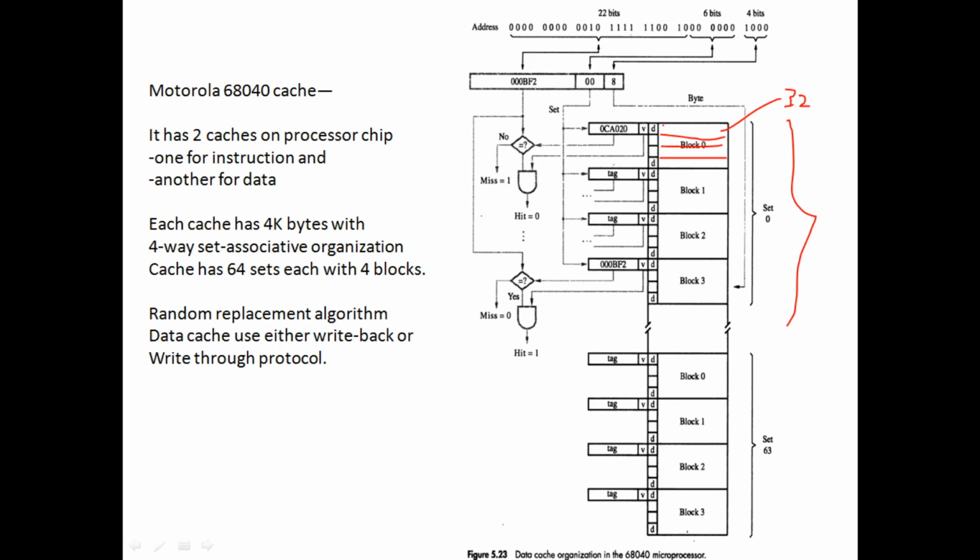And they can also be accessed directly. Block 1 and 3 and 4, all are accessible directly. So to access these, the address bus size is 22 bits for tag bits, 6 for set bits, and 4 bits for these 16 bytes.